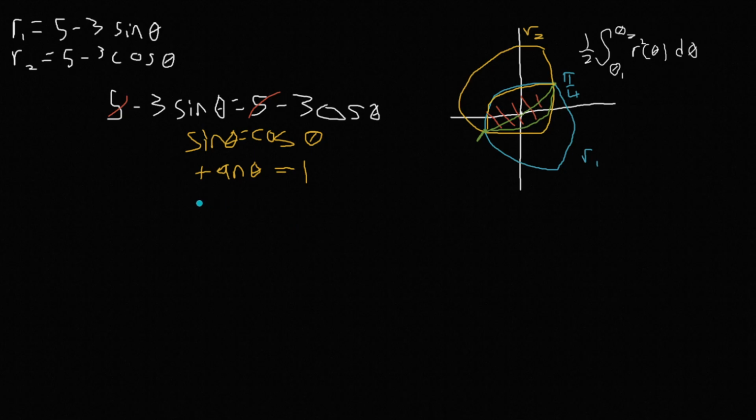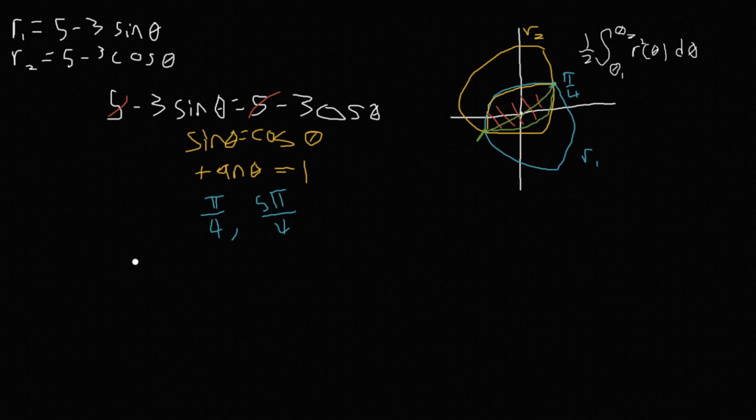So when does tangent theta equal 1? It's a reference angle of pi by 4, and that's this angle in the first quadrant. But we also want a reference angle in the third quadrant. Still going to be positive, so we add pi by 4 to pi. That's going to be 5 pi by 4. So those are our angles.